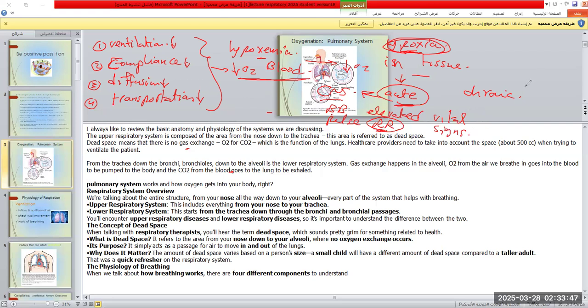But chronic hypoxia has lasted a long time, so our body got compensated for this. So there will be no change in our vital signs. Okay, now I have a question. If the patient has an oxygen saturation in his blood of 89 and he doesn't have symptoms, is this considered chronic or acute?